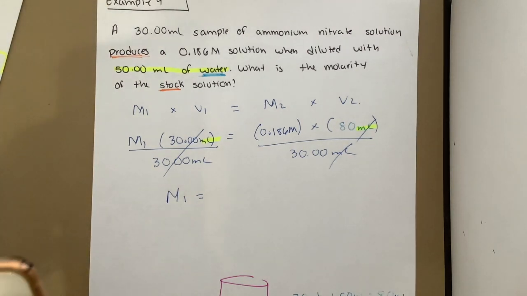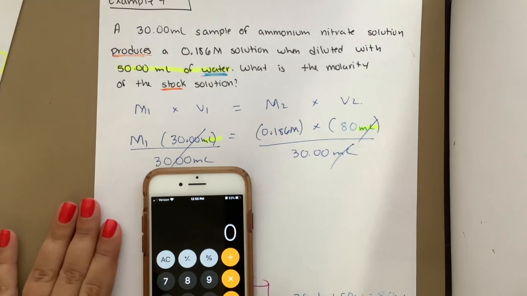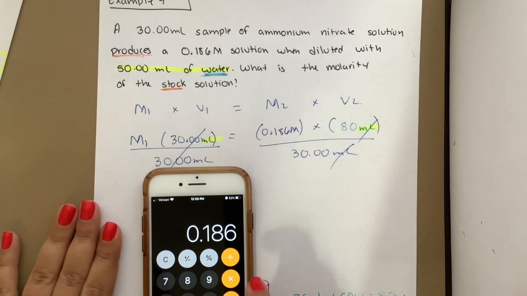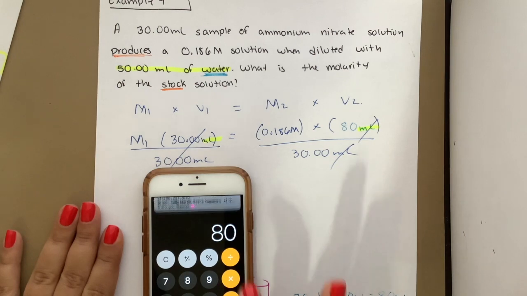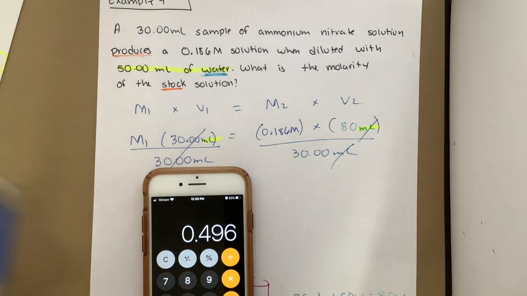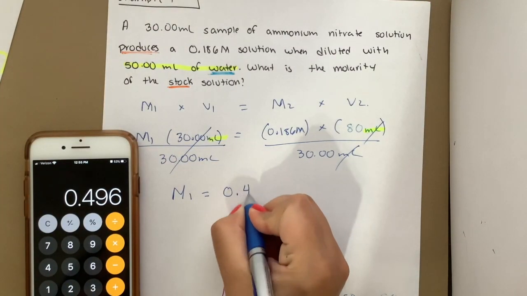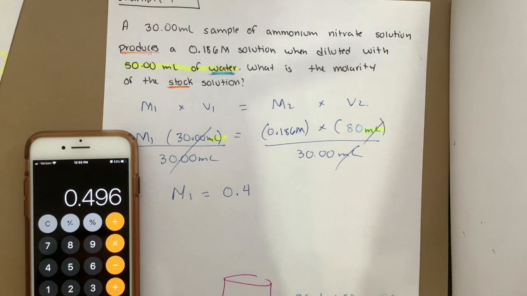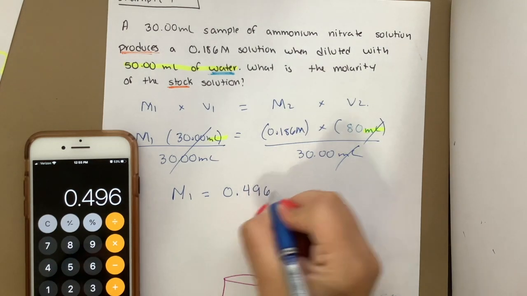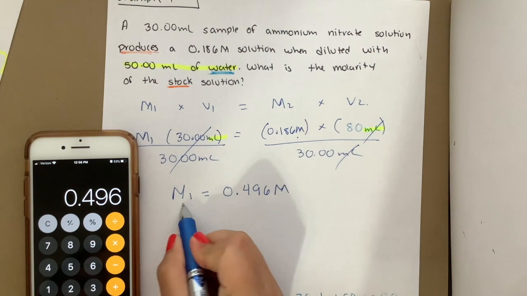And then all we have to do is get our calculator and do 0.186 times 350 divided by 300 equals 0.217. The only unit left uncrossed is big M, which makes sense because that's what we're looking for.